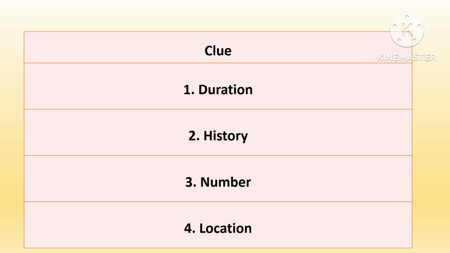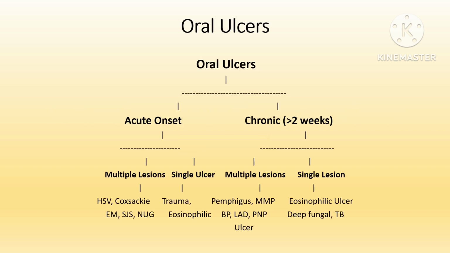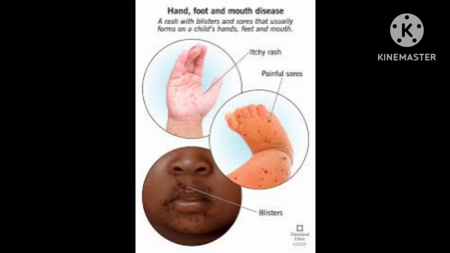If the ulcers or blisters appeared suddenly and have been there for less than 2 weeks, the likely cause is acute. For example, primary herpes simplex virus infection in a child, or hand, foot, and mouth disease from Coxsackie viruses.